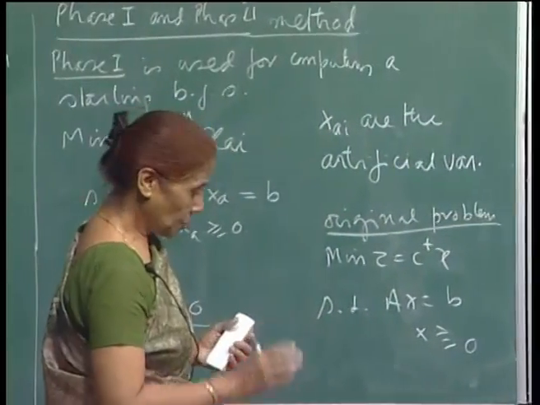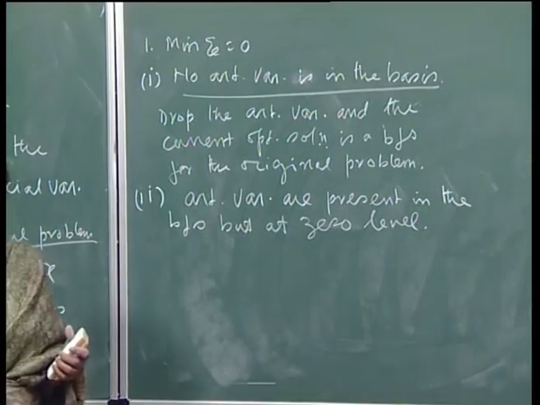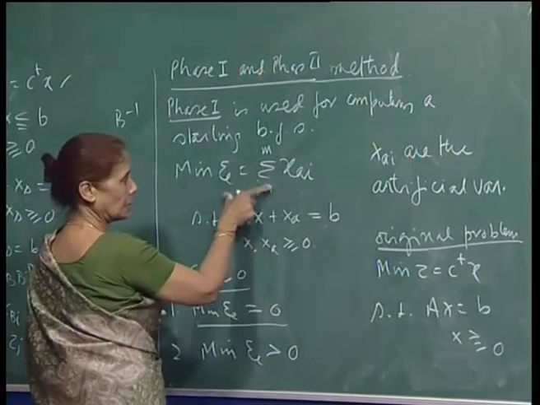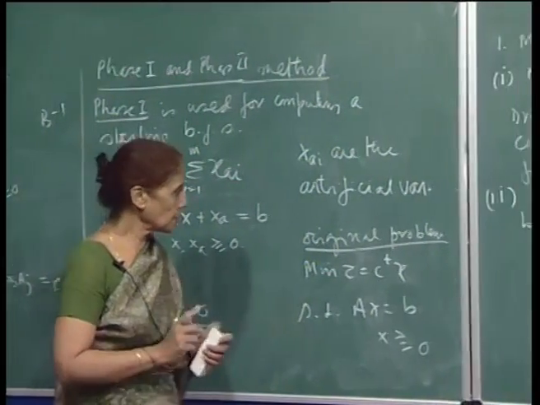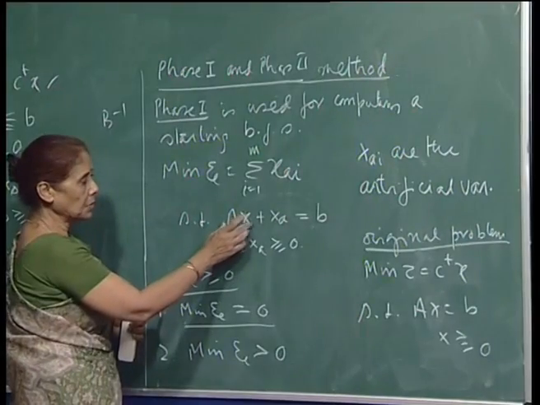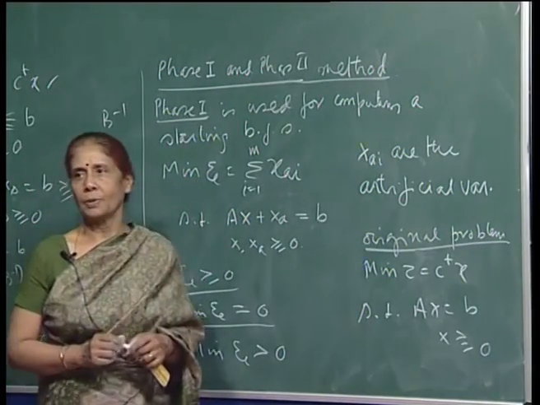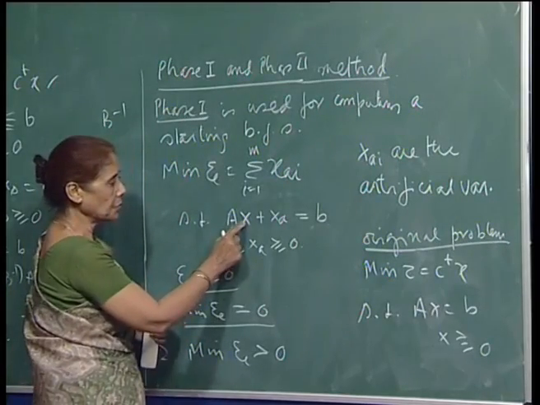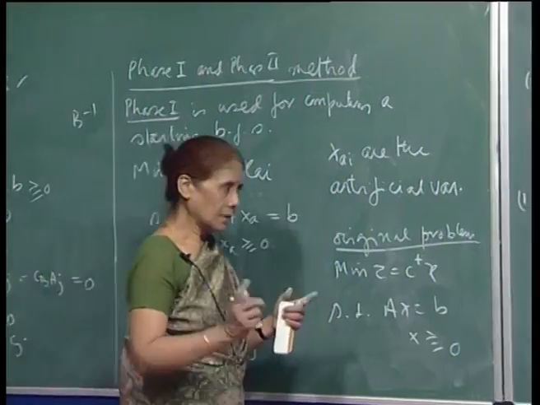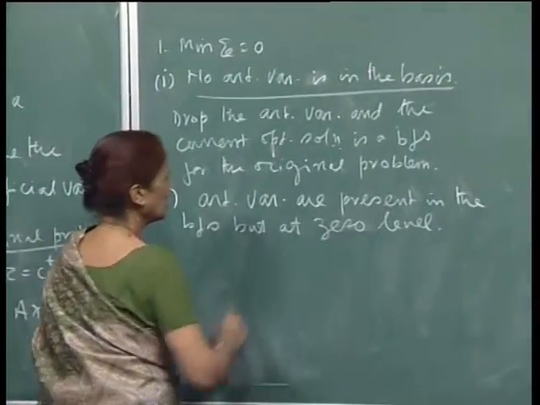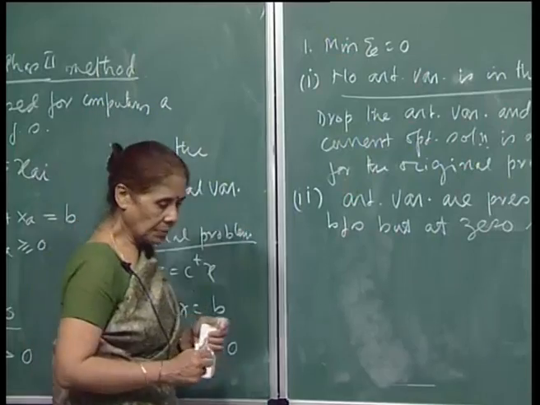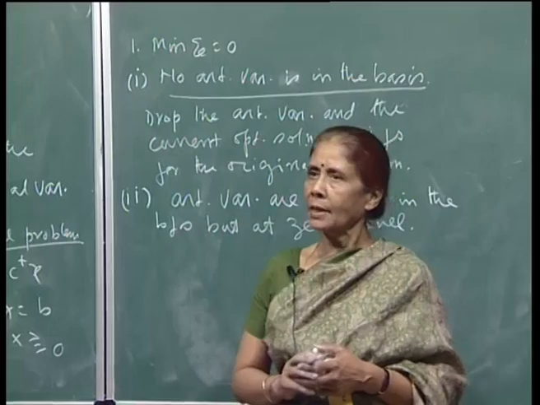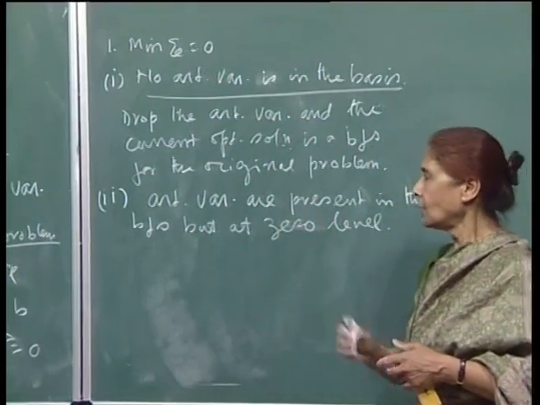That means you have a degenerate basic feasible solution, and since the artificial variables are at 0 level, the minimum value became 0, but I still do not have a basic feasible solution consisting of the original variables. Remember, the idea is to have a basic feasible solution from among the x variables. Okay. So basic at 0 level, right. So in this case, we would want to replace the artificial variables from the basis and get a basic feasible solution from the regular variables.